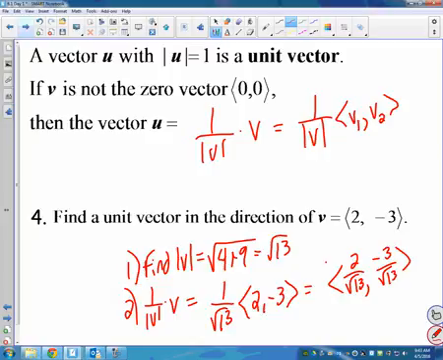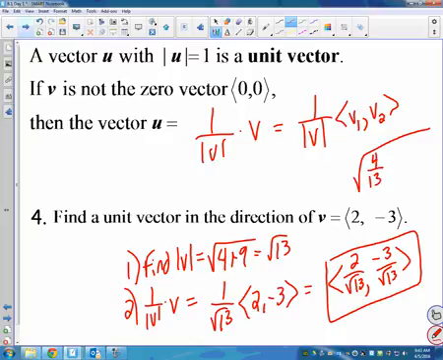This would be a vector that now has a length of 1. You don't have to actually do this, but let me show you why it works to divide by the magnitude. If I found the magnitude of this, think about what that would be. On the top, I would square that, that would be 4 over 13, because the square root of 13 squared is just 13, and on the second one, that would be 9 over 13.